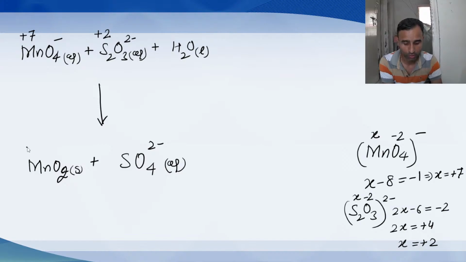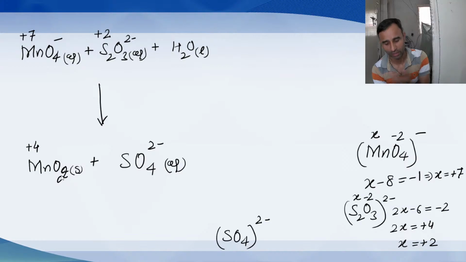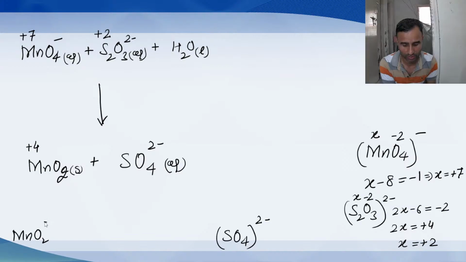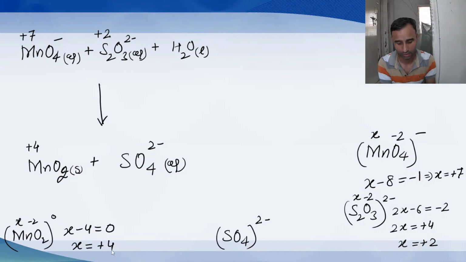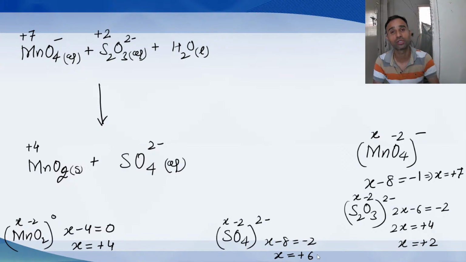In MnO2, it is plus 4, because its charge is 0, so X minus 4 equals 0, X equals plus 4. In SO4 2-, X minus 8 equals minus 2, X equals plus 6.